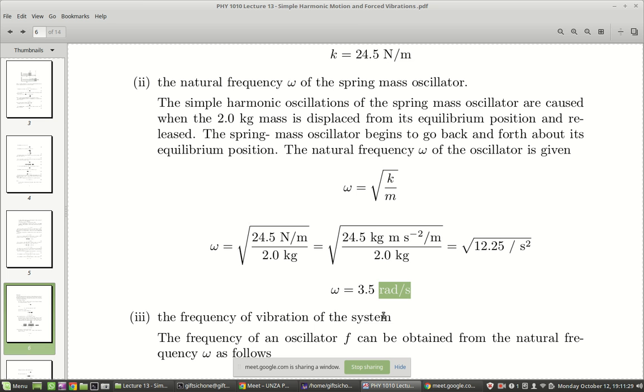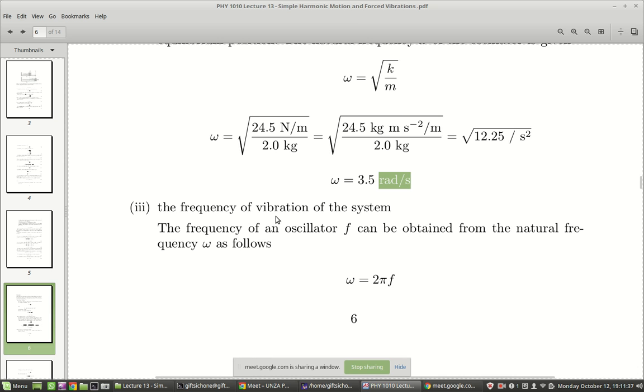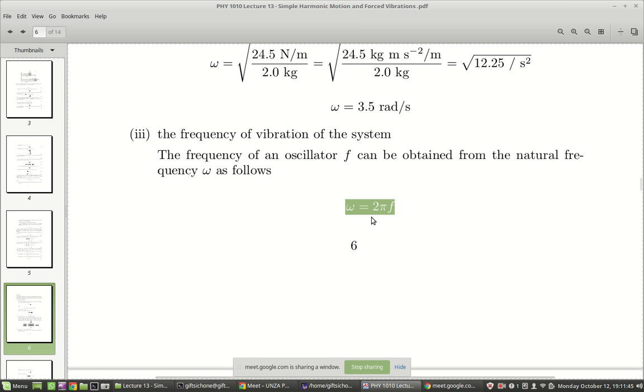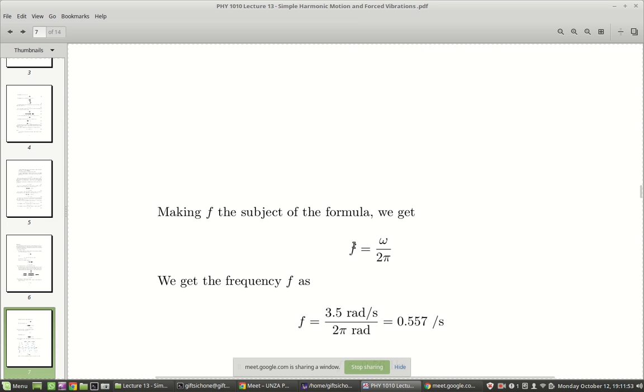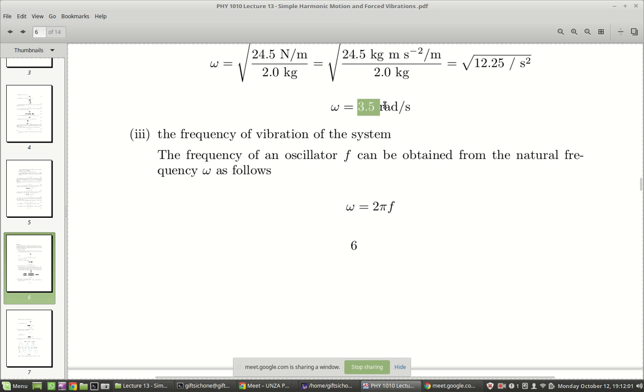Omega is 3.5 radians per second, divided by 2 pi. So we end up having a frequency of 0.557 per second, which is the same as a frequency of 0.56 hertz. This is our frequency of vibration going back and forth.